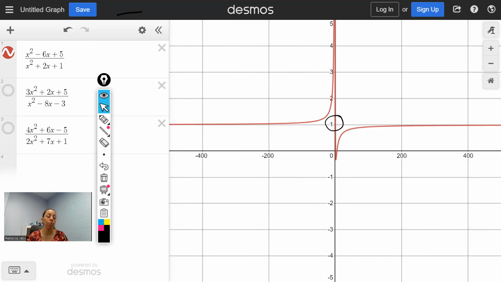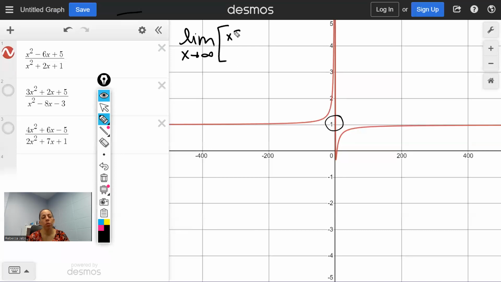Oops, my pen just disappeared. Hopefully it pops back in a minute here. There we go. The limit as x is approaching infinity of x squared minus 6x plus 5 over x squared plus 2x plus 1. Once again, today we have to look at the graphs.